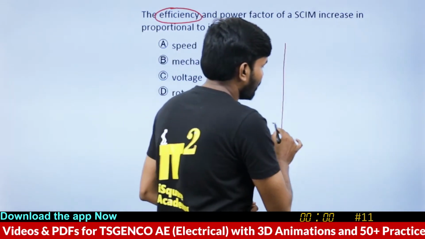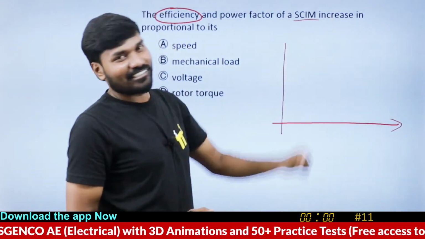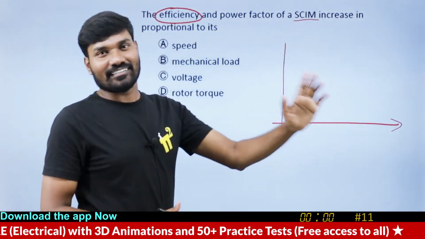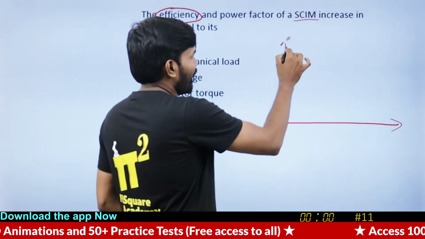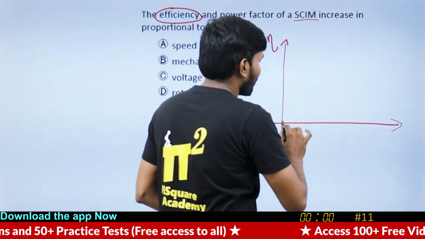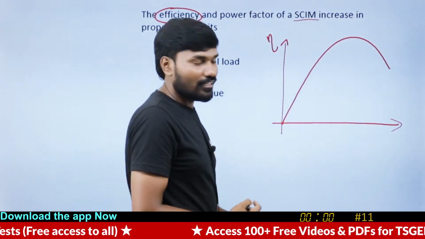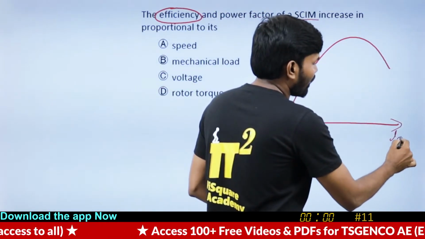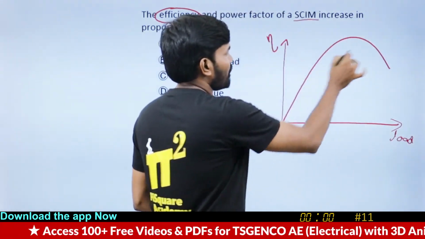The efficiency curve, not only for squirrel cage induction machine, for almost any electrical device, is like this. Am I right? This is a load, be it load current or whatever. This will be the efficiency curve. If not like this, maybe it will stop here.